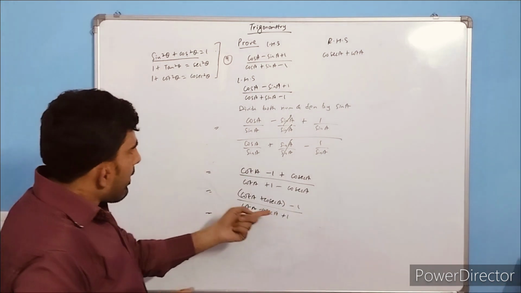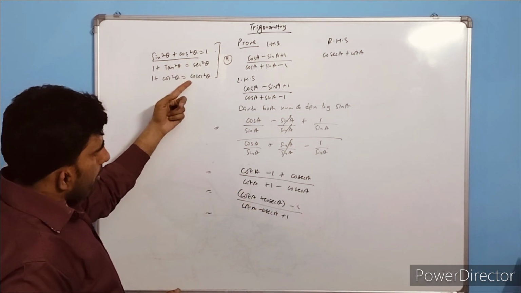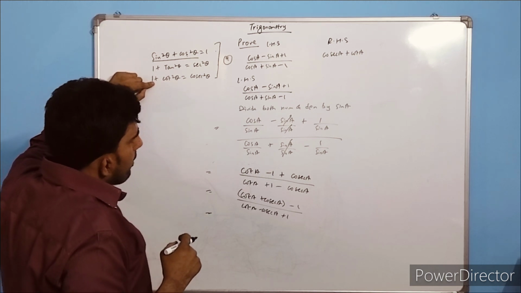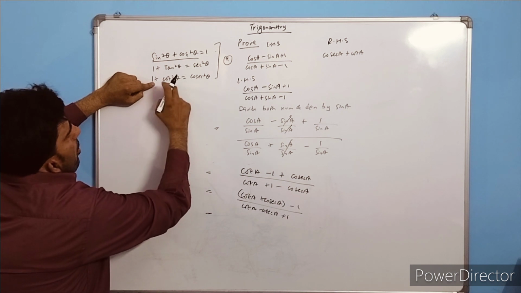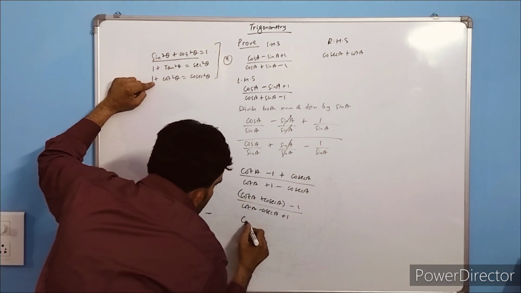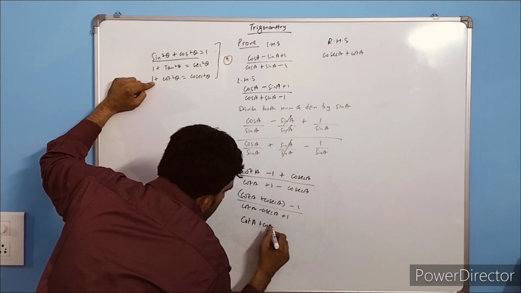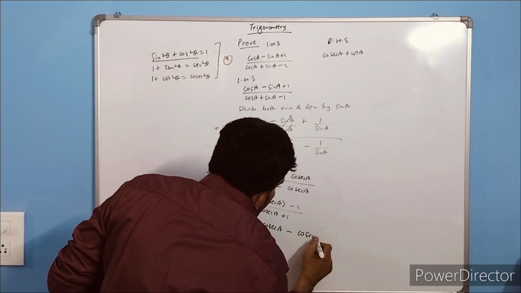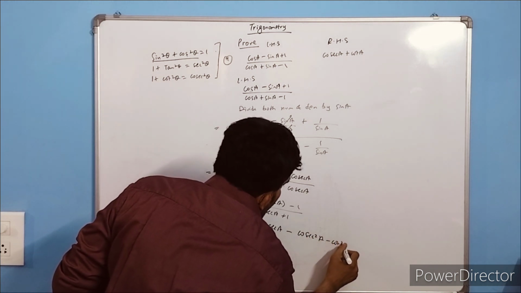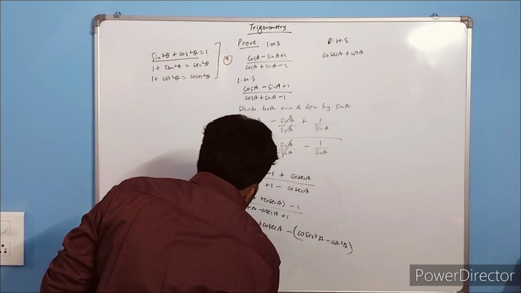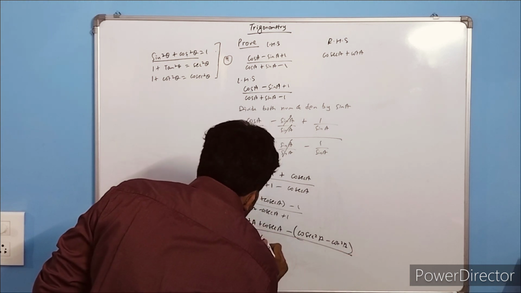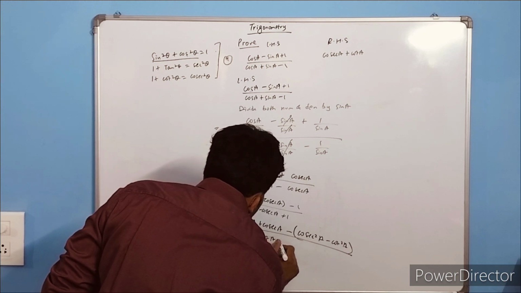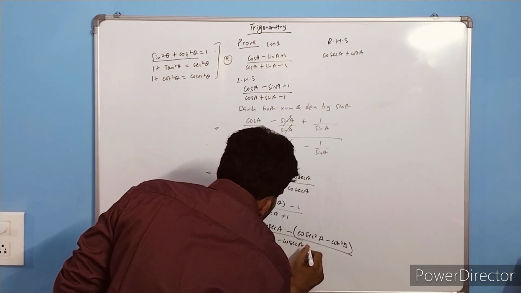Now what we can write here using this identity, this one. Okay, so 1 is there. So what we can do is take this cot square to that side. So I got cot A plus cosec A, minus this side. So you can write cosec square A minus cot square A upon cot A minus cosec A plus 1.